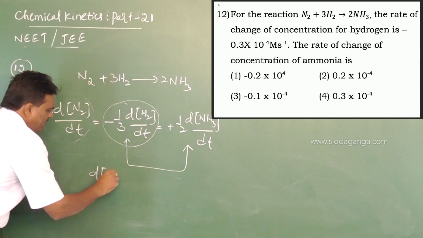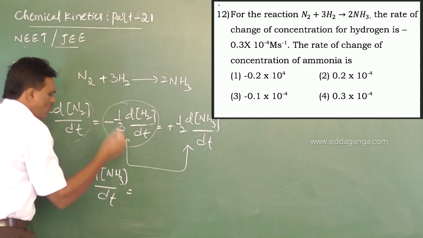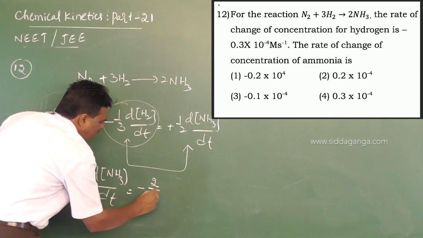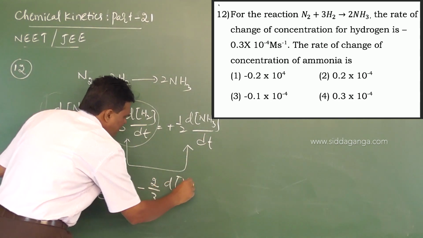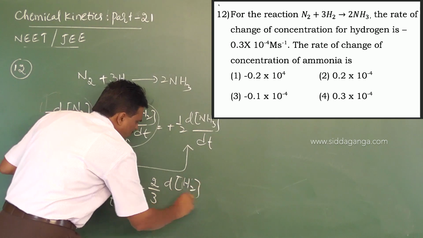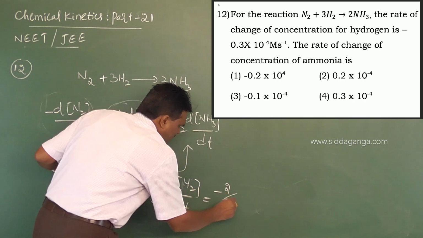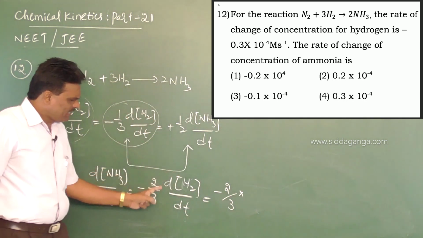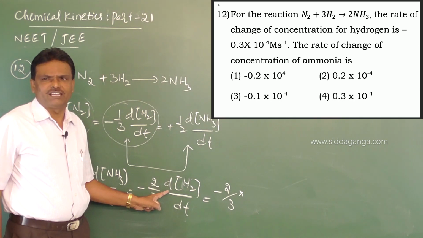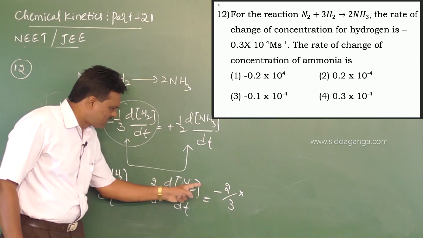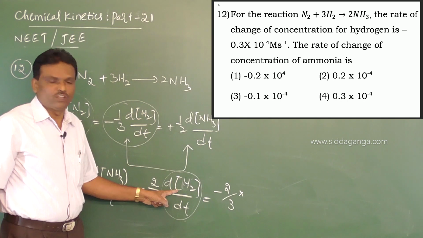So dNH3 by dt is equal to, 2 comes to the left side, minus 2 by 3 into dH2 by dt. So dH2 by dt is given, that is equal to minus 0.3 into 10 to the power of minus 4.